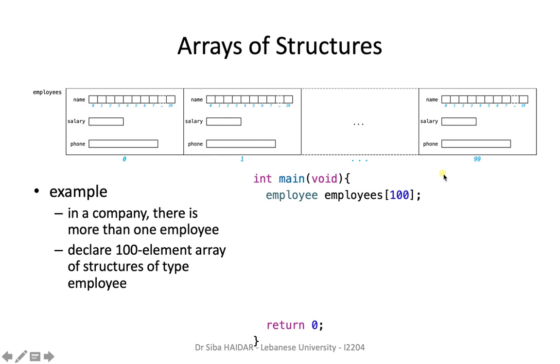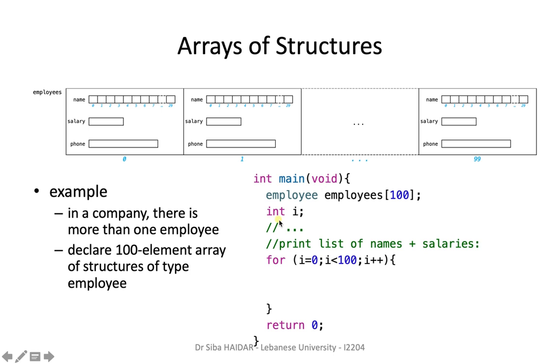So for example, let's do something with this array. Suppose we filled this array with our employees, and we now want, for example, to print the list of the names of these employees along with their salaries. I iterate using, for example, a for loop with the index. I can also iterate using the pointer syntax, but let's begin iterating using the index.